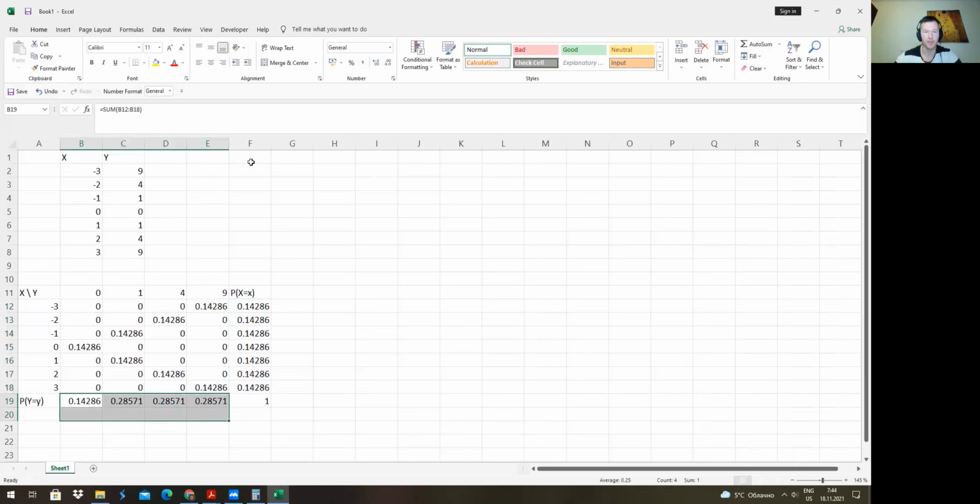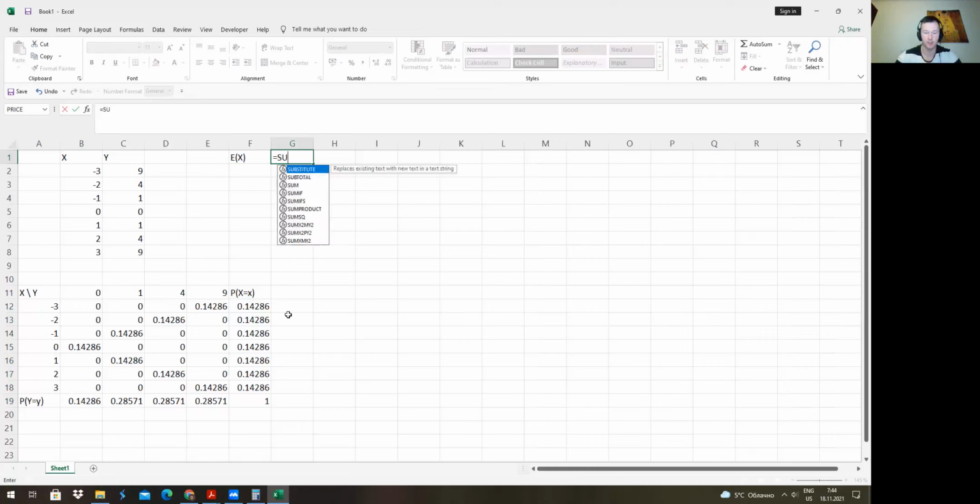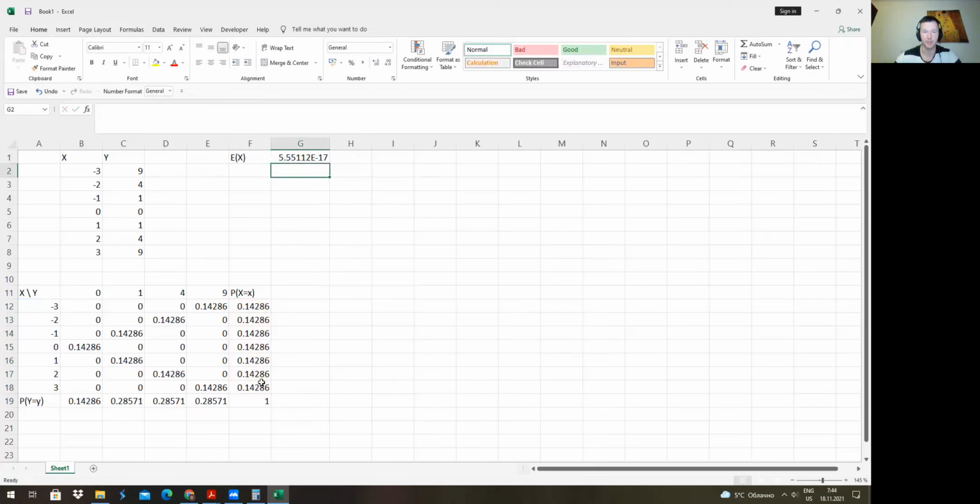And now look, if I want to calculate the expected value of x, this gives me the following. I need to multiply all possible values of x by the respective marginals. So I do this very fast with the help of the Excel function SUMPRODUCT. So here and here, and that's going to be 0, right?